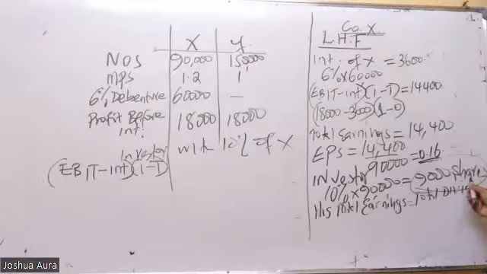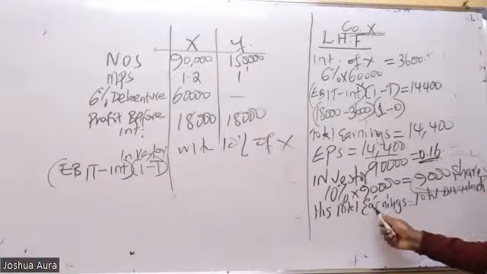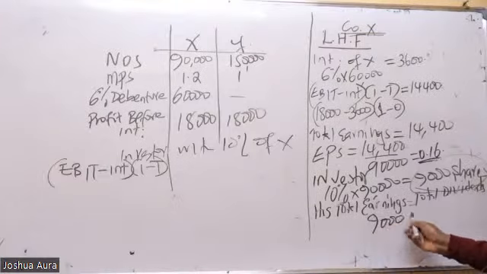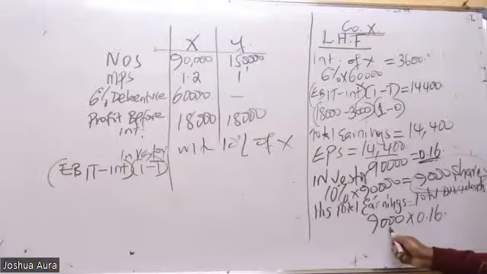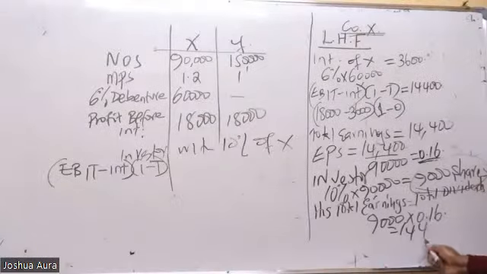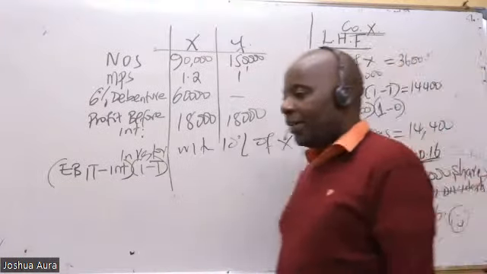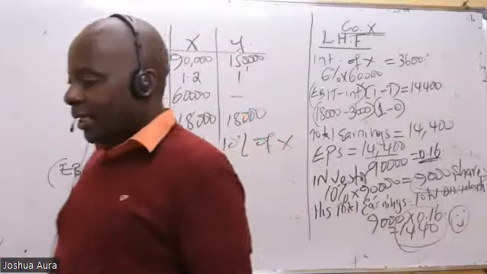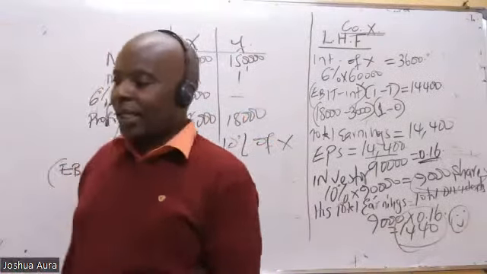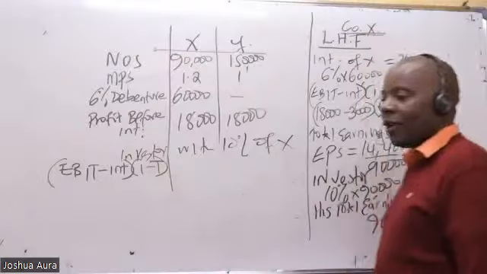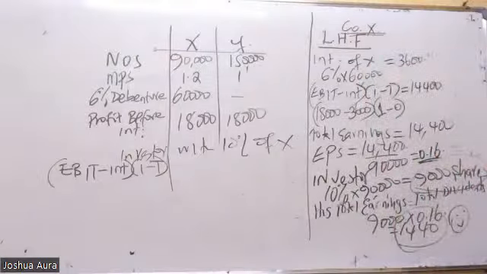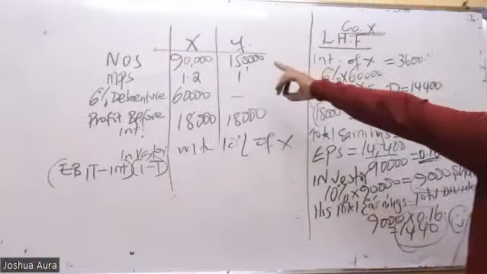It will be 9,000 shares, and we know that each share is earning him 0.16, and somebody has already given me the figure of 1,440. Could you kindly double underline this? This is very important.